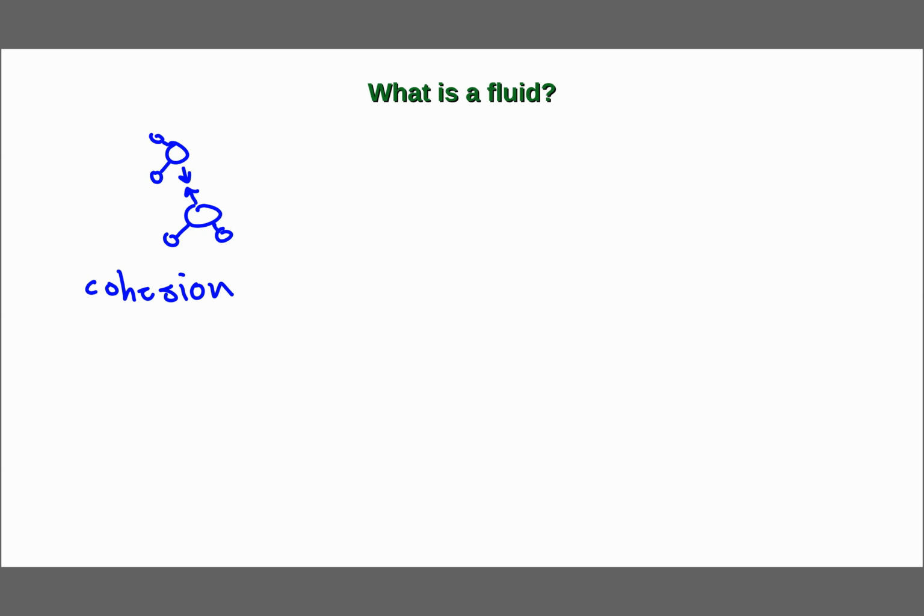In a gas like steam, these same molecules are further apart and moving much faster, so there's effectively no attractive forces between the molecules. They don't have cohesion, okay? This cohesion causes water to generally occupy a set volume.